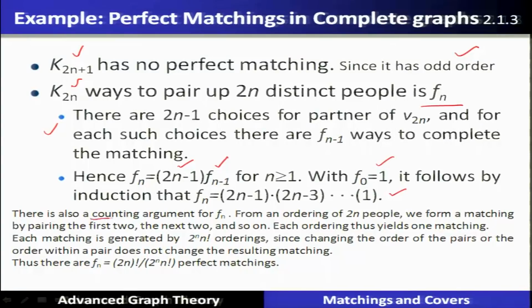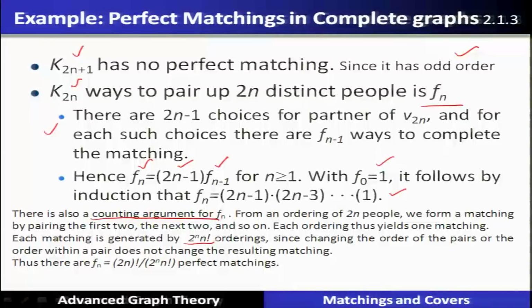Now, there is a counting argument for this f n value. Given an ordering of 2n people, we form a matching by pairing the first 2, the next 2 and so on, as I have already explained. Each ordering thus yields one matching.